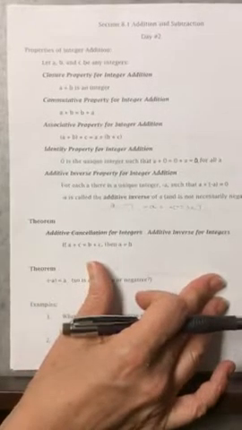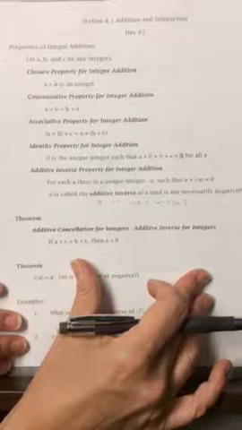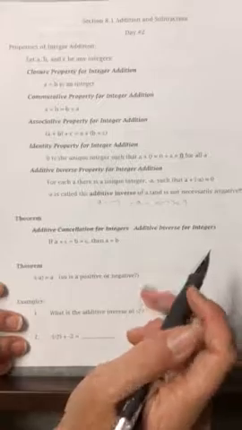We have a theorem that the book calls the additive cancellation for integers. I don't like to call it that because I don't like to use the word cancel when I teach math. So I'm going to call it the additive inverse for integers.